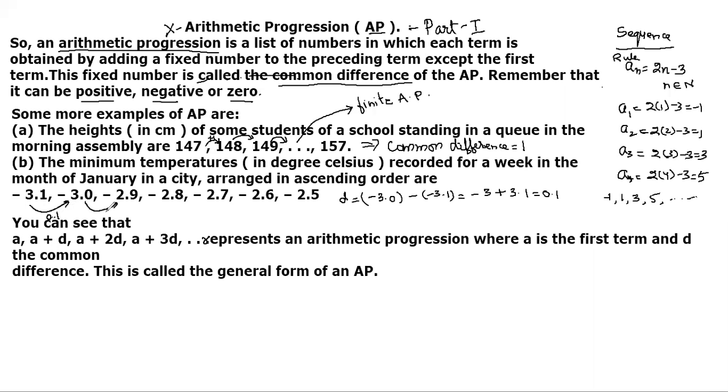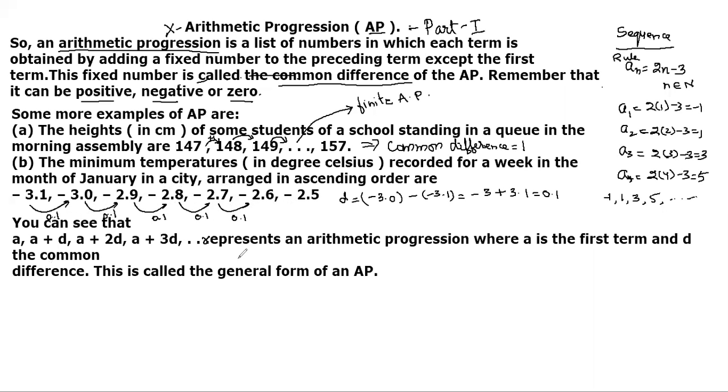If you add 0.1 here, it will become minus 2.9, adding 0.1, minus 2.8, adding 0.1, minus 2.7. So like this, we can see there is a constant or fixed term which is added to each term to get the succeeding term.